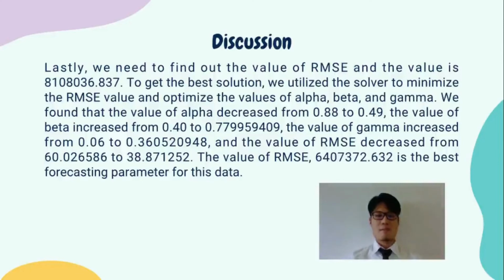The value of gamma increased from 0.06 to 0.36. And the value of RMSE decreased from 60.02 to 38.87. The RMSE value of 6407372.632 is the best forecasting parameter for this data.